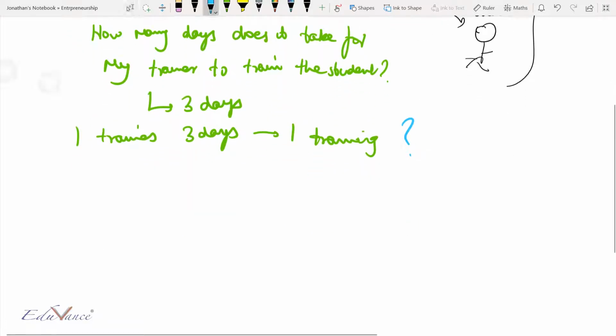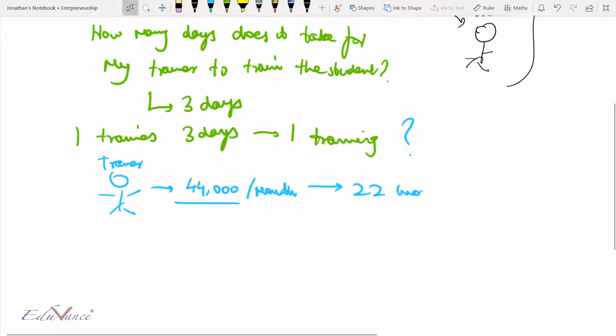Let us take an example that you are paying your trainer 44,000 rupees a month. I'm just taking this number for simplicity, and in a month there are 22 working days. I know there are 31 days, but we assume 22 working days. So let us calculate the cost per day for my trainer.